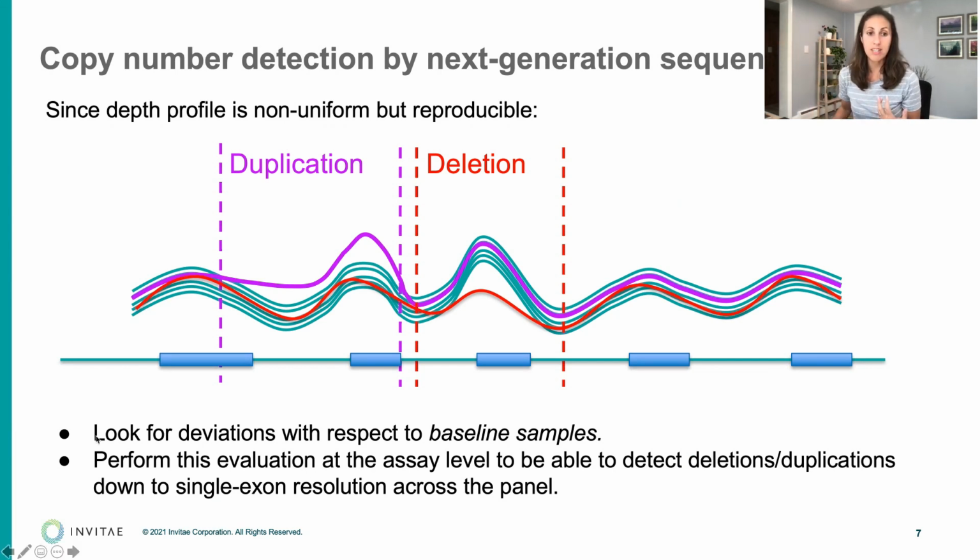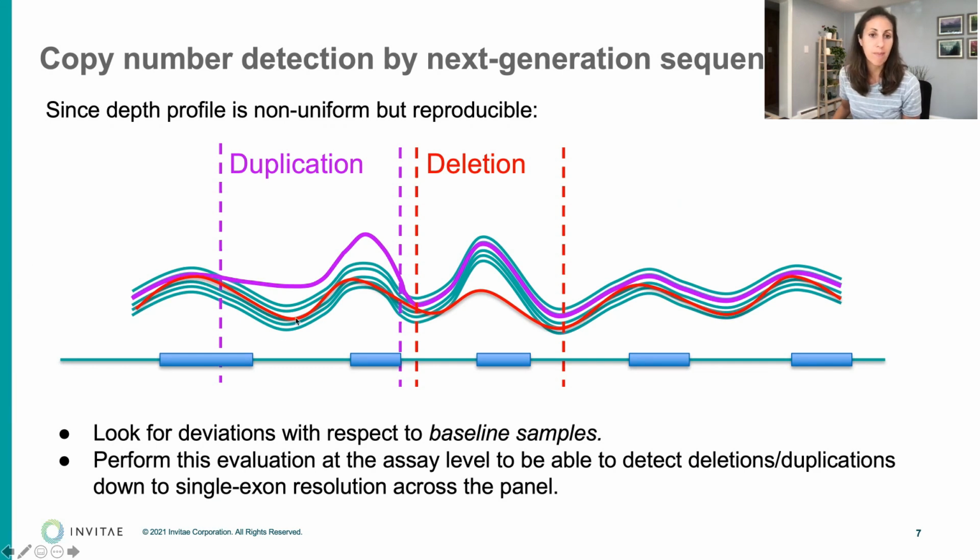How we do this is we not only sequence, but we look at how much information we got from any region of the genome. Then we compare it to all the other people that we sequenced that same region for using the same methods, and we look for deviations.